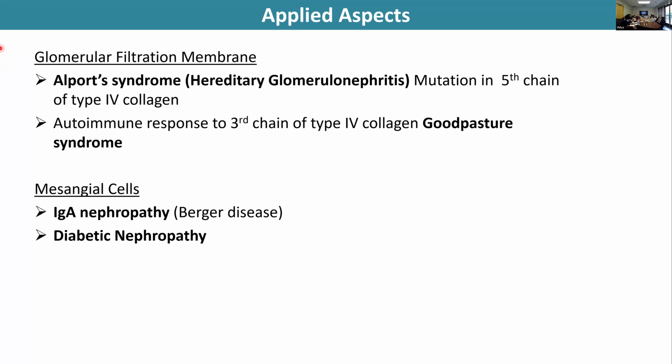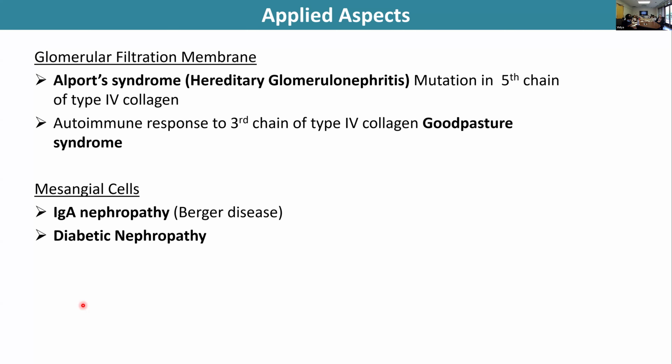For example, if there is a problem with the glomerular filtration membrane, that leads to Alport syndrome and Goodpasture syndrome. And here they have proteinuria because the proteins are excreted out in the urine. Defects in the mesangial cells cause nephropathies, IgA nephropathy, diabetic nephropathy.